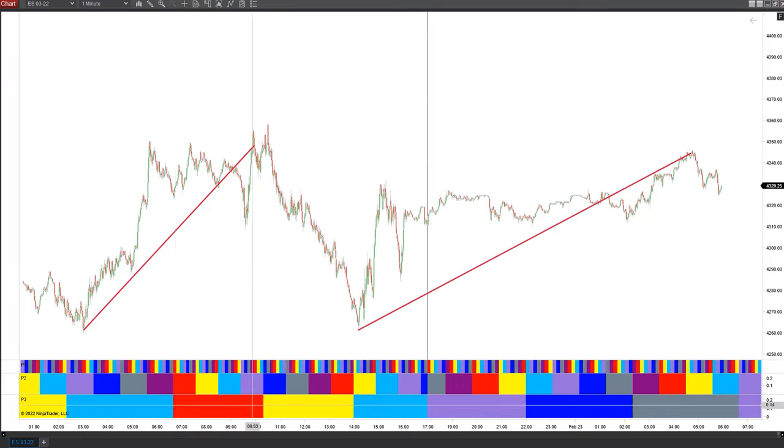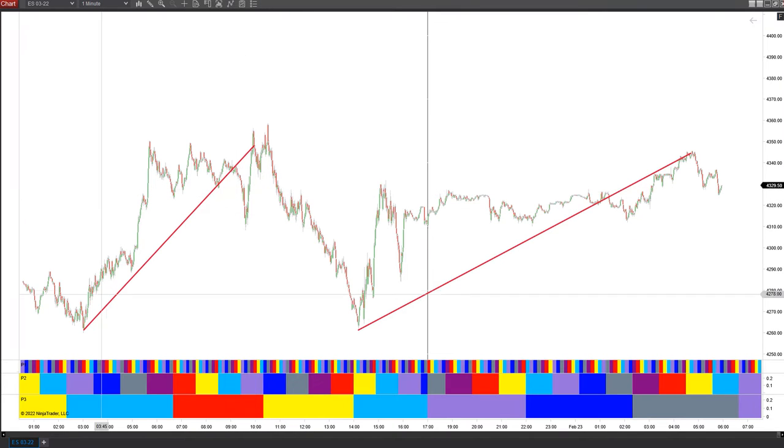Here's the pH chart. Now the first high we were looking at came right here at the end of this red trend line. Then you see the double top with the quick false break, and then the plunge began.